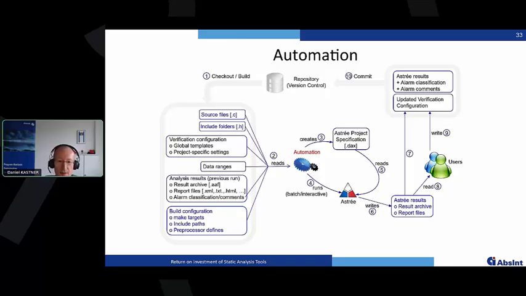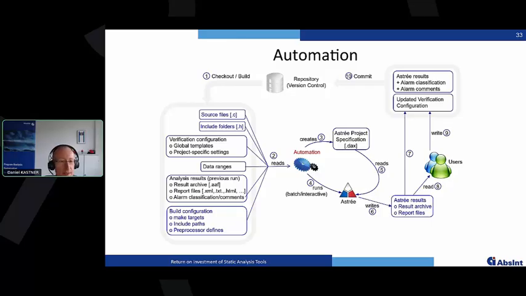So you can run the analysis automatically, just write out results, which you then commit back to version control, or have users, developers investigate the findings, possibly fix them, possibly interact with the analyzer, for example, by commenting alarms or fixing the code and committing back to version control. So this would be the general flow, how this can be used.